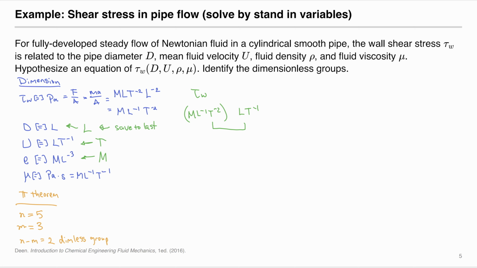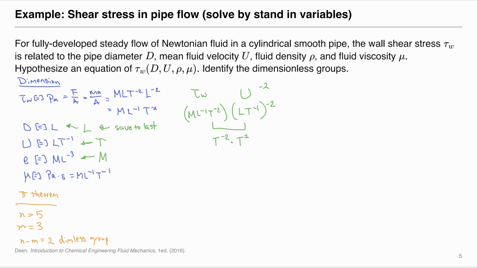To make T^-2 disappear, it should be multiplied by T to the second. And how to make this T to the second? I raise this to the power of minus 2, so that this gives us T to the power of 2. So we have determined the power should be minus 2, and the standing variable is U.